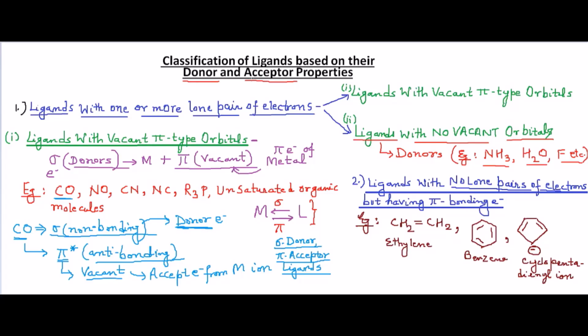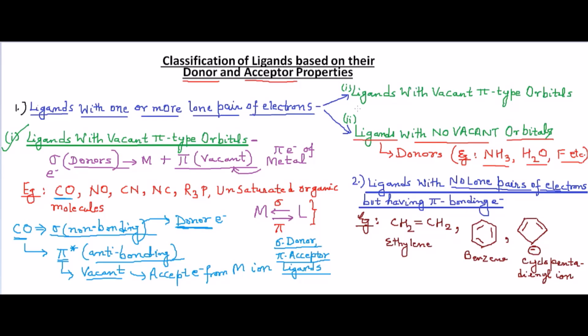So these are special categories, the sigma donor and pi acceptor ligands that we have seen in the first subcategory. In detail you will learn about the sigma donor pi acceptor ligands when you learn more about the nature of bonding between the metal and ligands in the coordination complexes.